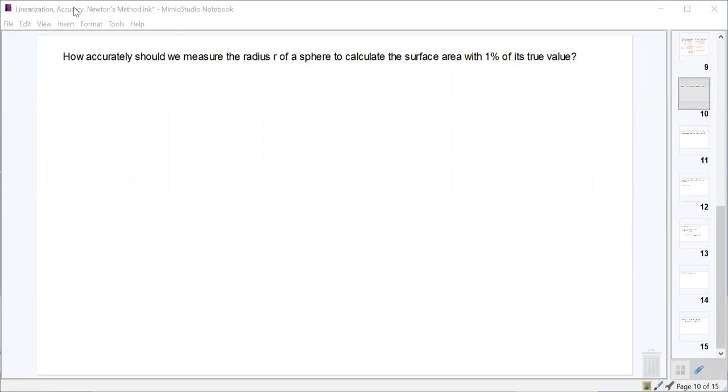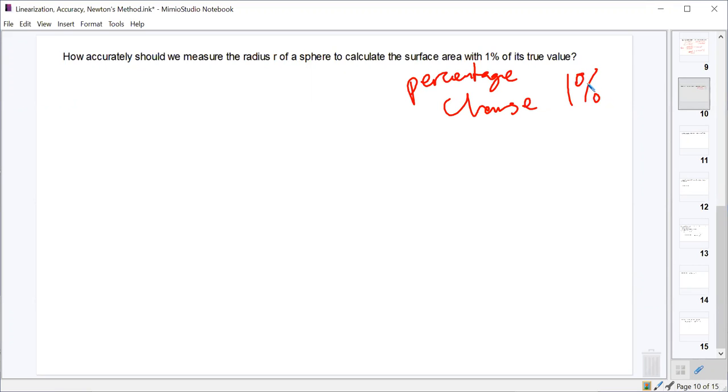So we want the percentage change in the surface area to be 1%. So if the percentage change is 1%, what does that tell you about the relative change?